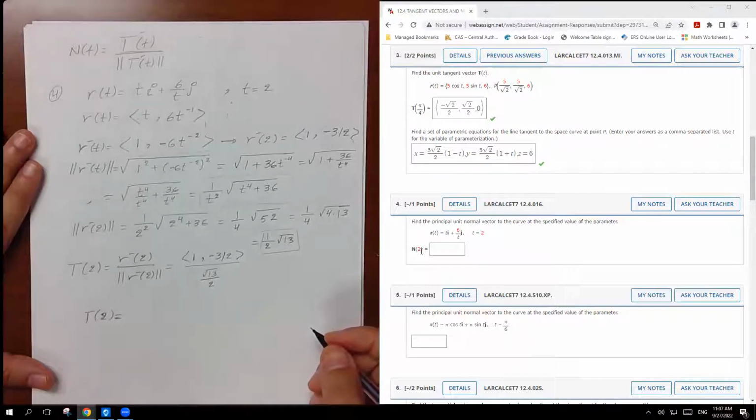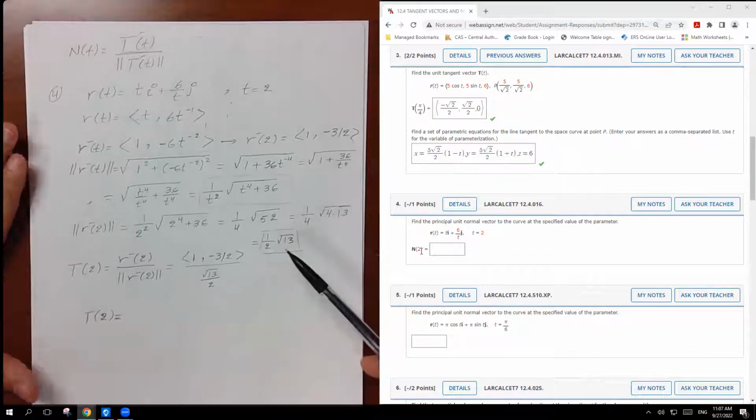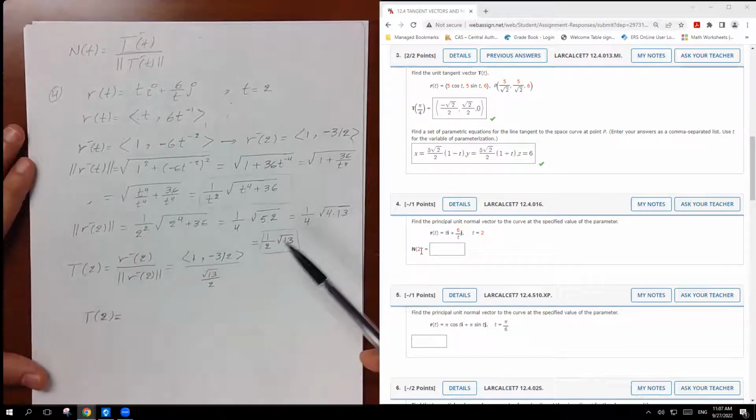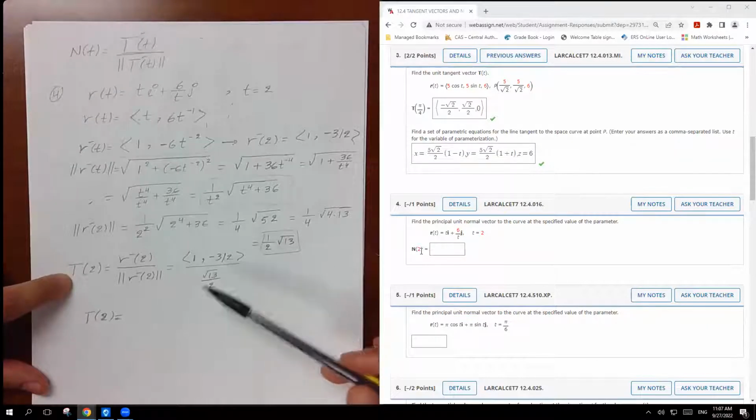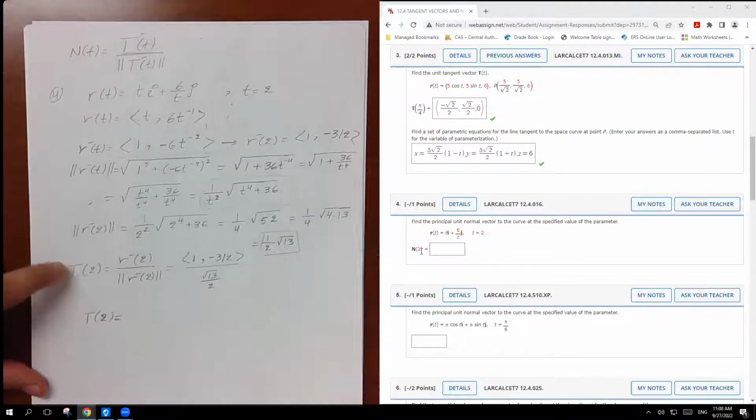That's the problem. Yes, you're right. We found this one, but we're not going to find the derivative of T with respect to t because we have to plug in 2. So we can't find the derivative. We have to go back and plug in the normal one.